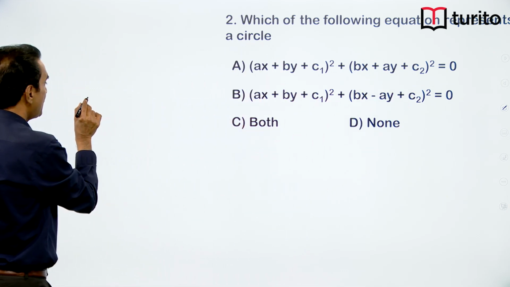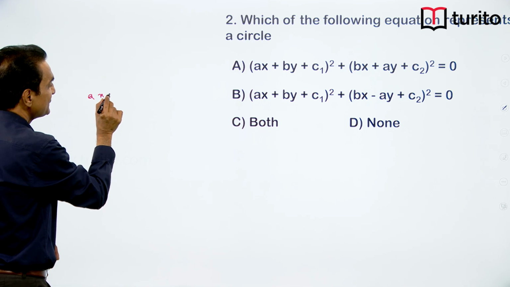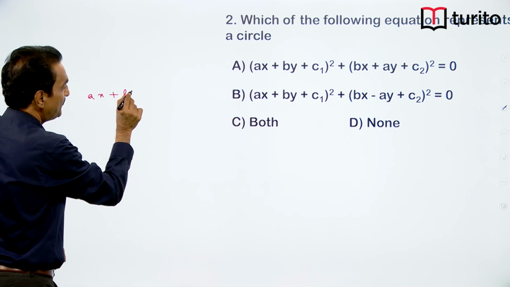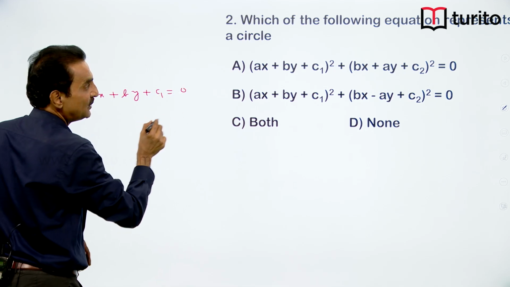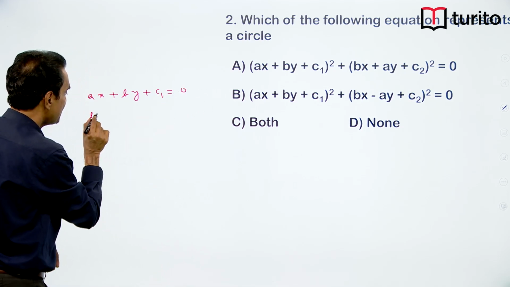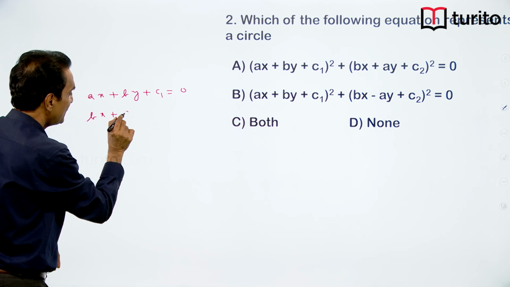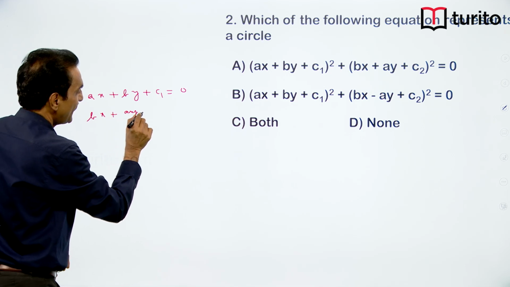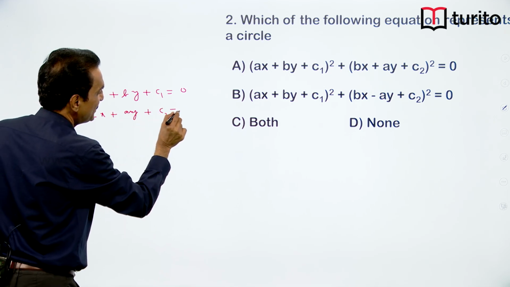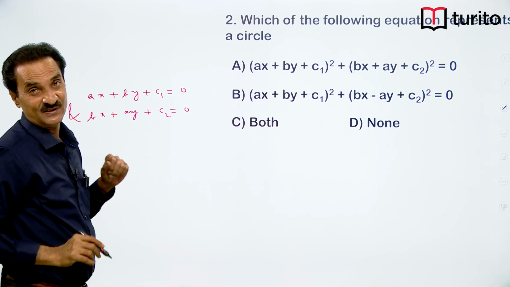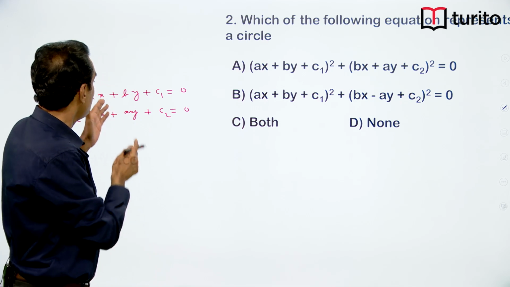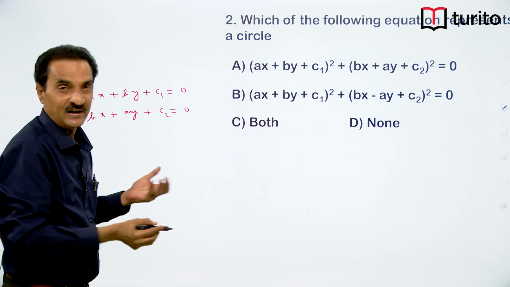If you take ax plus by plus c1 is equal to 0 and bx plus ay plus c2 is equal to 0, both must be true simultaneously. Then each one represents a straight line.